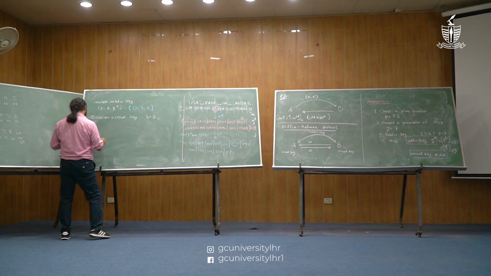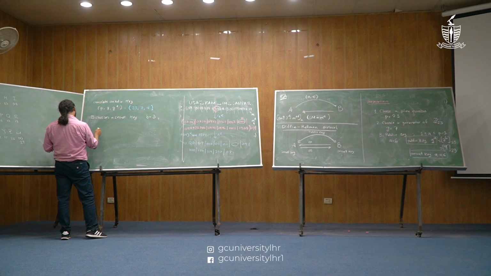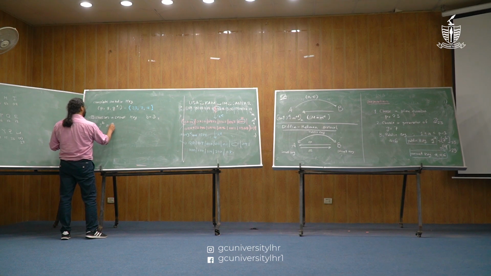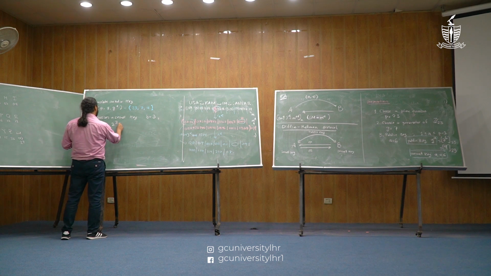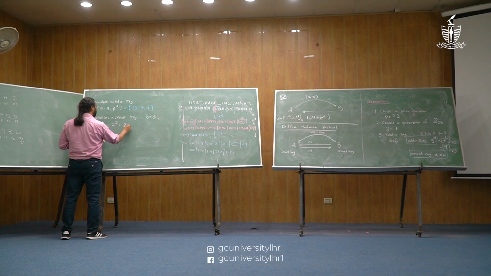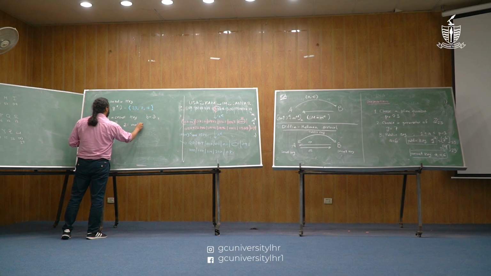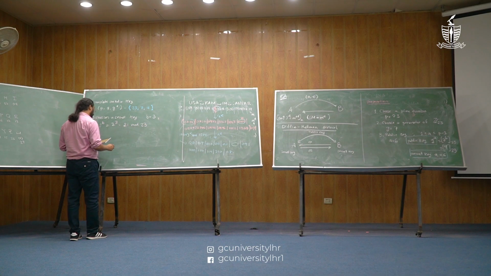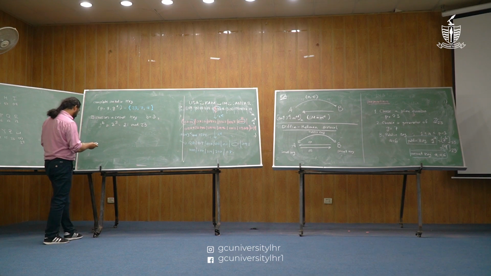So the public key of Bob will be G to the B, that means 7 to the 3, which will be 21 mod 23. And this is also public.